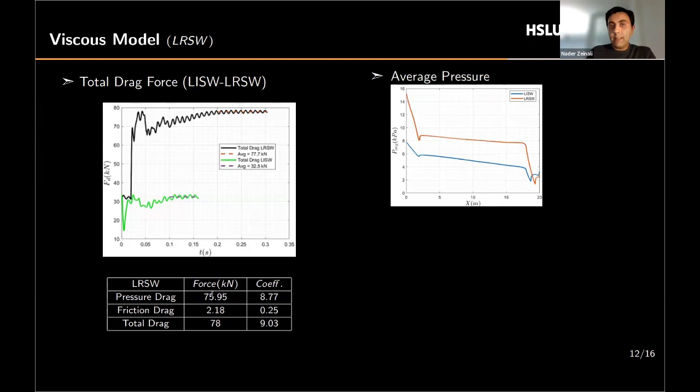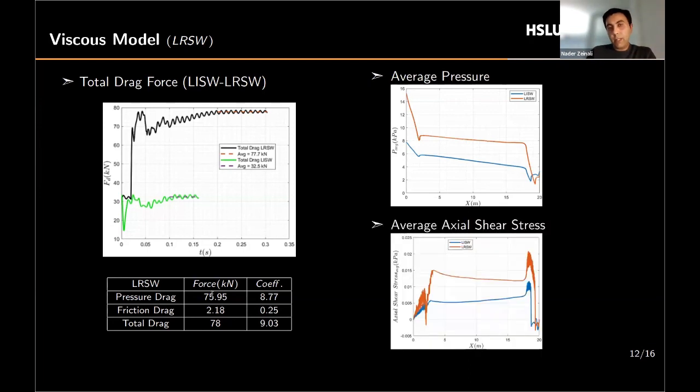The reason that the friction drag is very small can be seen from the average pressure and average axial shear stress on the pod. As you can see, the axial shear stresses are very small numbers in comparison with the pressure on the pod. And at the back of the pod, you also see the decreasing of the pressure.